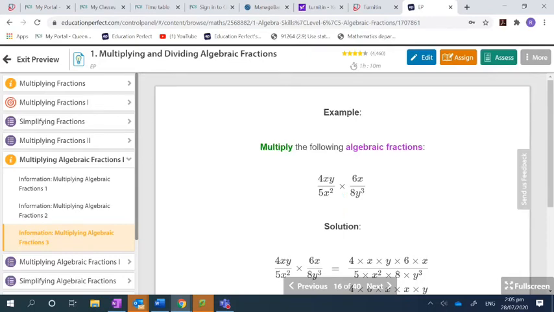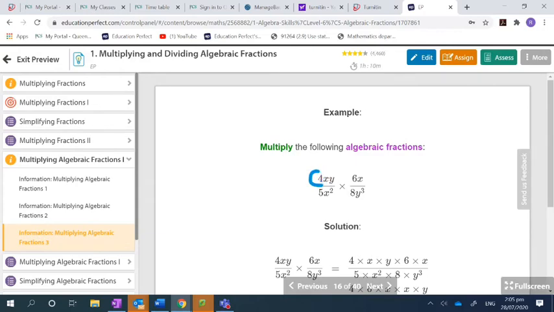Excellent. But it doesn't really matter, because for any fractions, before I multiply, the first thing I do is simplify anything common to any numerator and any denominator. So what is the first factor in the first numerator? The 4.